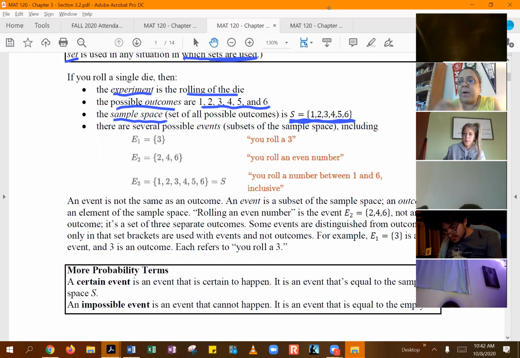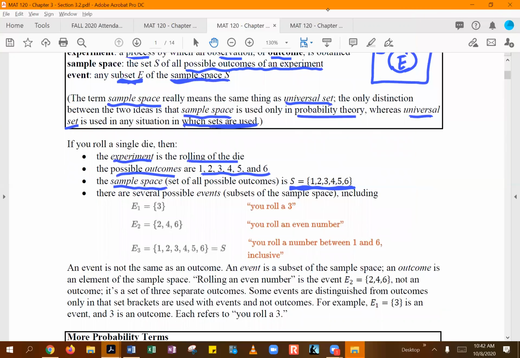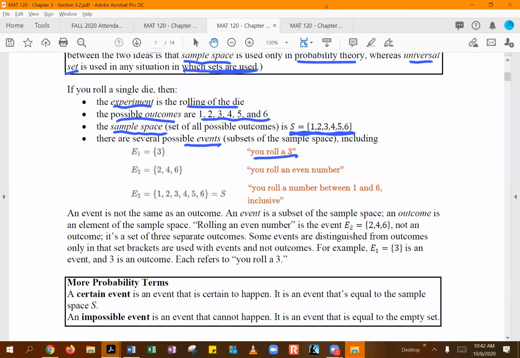Now, when we're talking about possible events, remember we said events will be the subset of your sample space. So we could say event 1 is that you roll a die and get the number 3. If you roll a die and get an even number, then your subset would be just the even numbers, 2, 4, and 6.